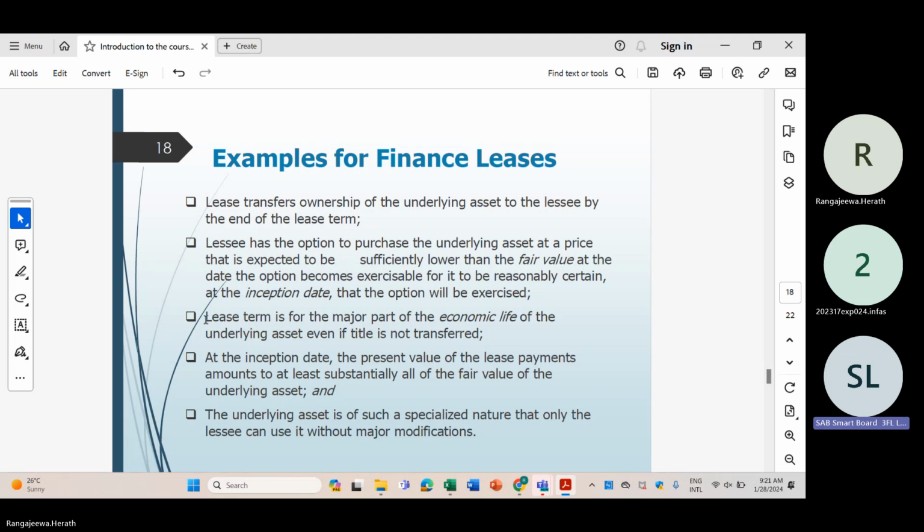Lease term, the lease period, is a major part of the economic life of an asset. What is economic life? Economic life of an asset is different from the useful life. Useful life is entity specific. Say there are 3 businesses A, B, C. A purchases a motor vehicle and estimates the useful life as 5 years.